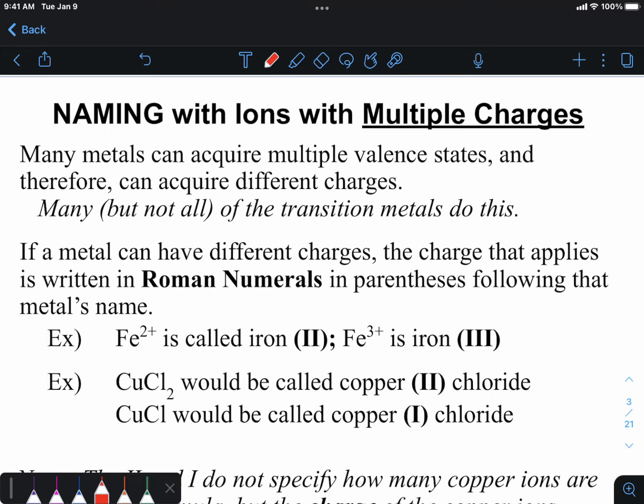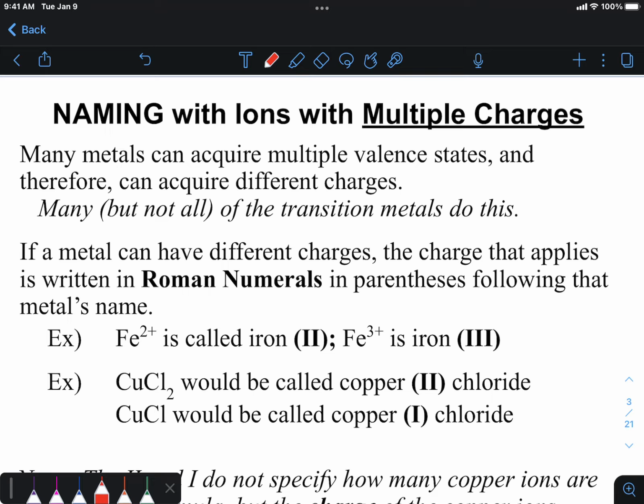Those guys can only be +1 or +2 respectively. The D block elements, chromium, cobalt, nickel, copper, iron, most of the D block metals, because remember the D block, they're all metals because they're to the left of the stairs. Metals that are to the left of the stairs in the middle section, they often have more than one charge that they can be.